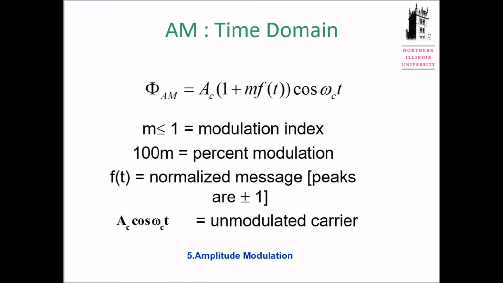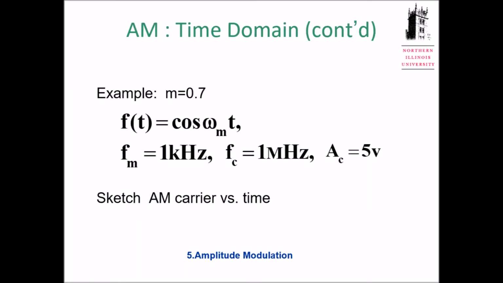Okay, now something important. This example, please follow me, and I'm going to ask you to do something similar in your homework. In this example I want to sketch this AM signal in time.